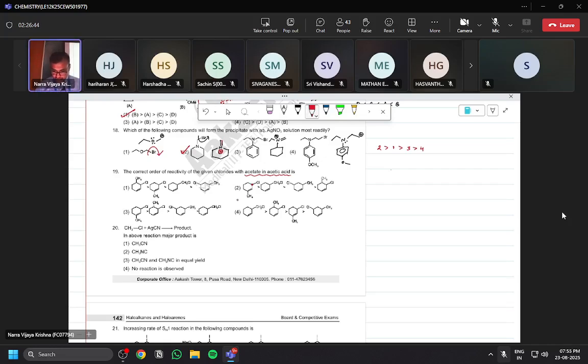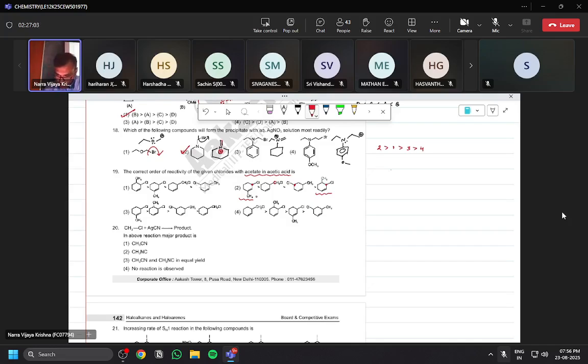This is in conjugation. This is not in conjugation. Here also it is not in conjugation. Here it is in conjugation. If it is in conjugation, it occurs readily. Here also it is in conjugation, means it also occurs readily.